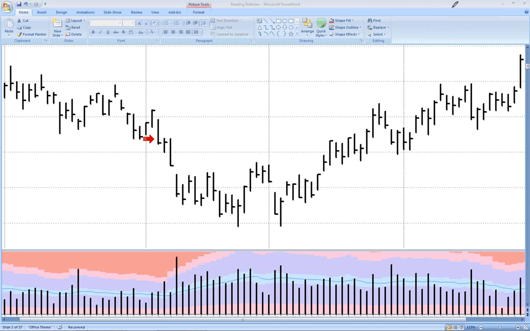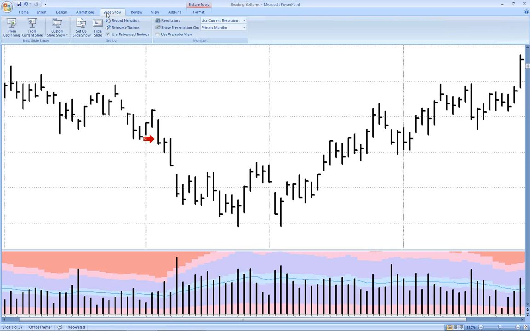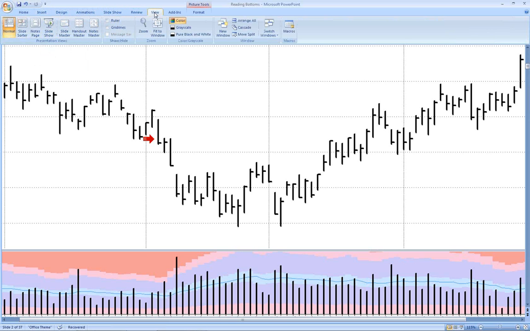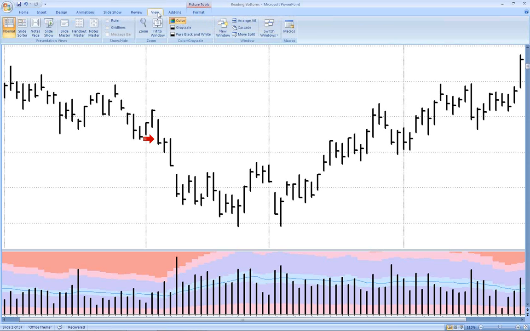Let me just take a moment here and see if I can figure out how to do this. I can't do it that way. View. Come on, I don't want picture tools. Why is this doing this? Well, okay, I don't know what to do here. We're just going to have to go with it this way.